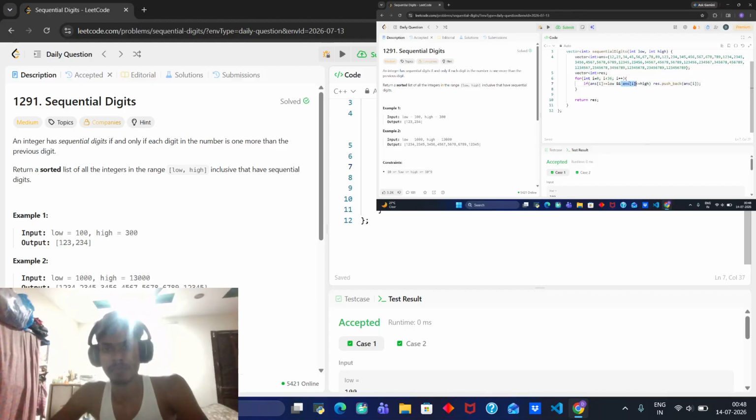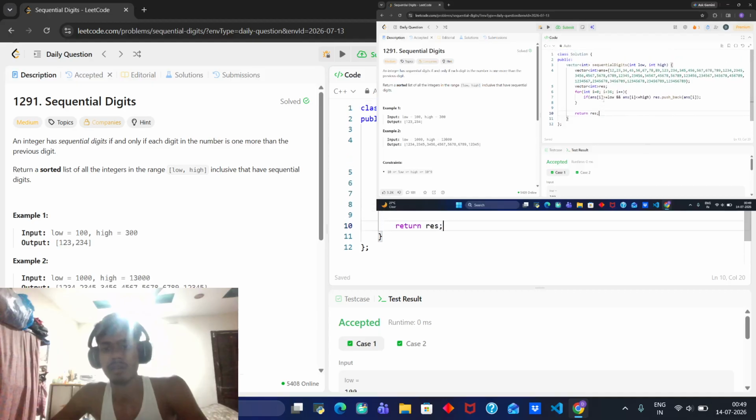If any number lies between our low and high, then it will be our answer. That number I have pushed into the result vector. After populating the result vector, I have returned the result. That's all about the approach and the solution.